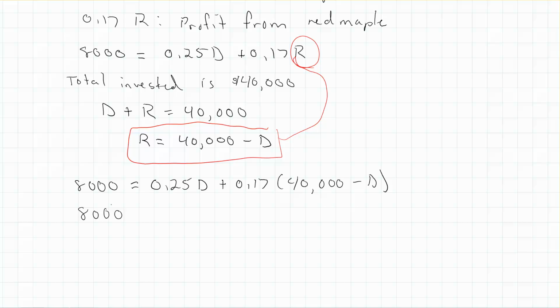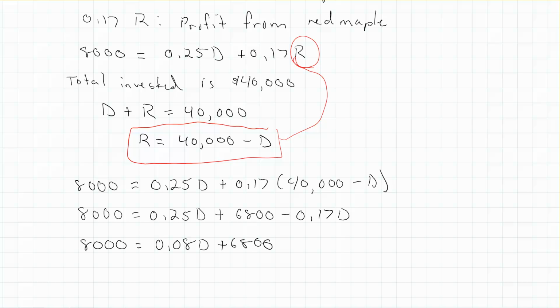You have 8,000 is equal to 0.25 D plus 0.17 times 40,000, which is 6,800, minus 0.17 D. So you'd have 8,000 is equal to 0.25 minus 0.17, which is 0.08 D, plus 6,800. Subtracting 6,800 from both sides, you get 1,200 is equal to 0.08 D.